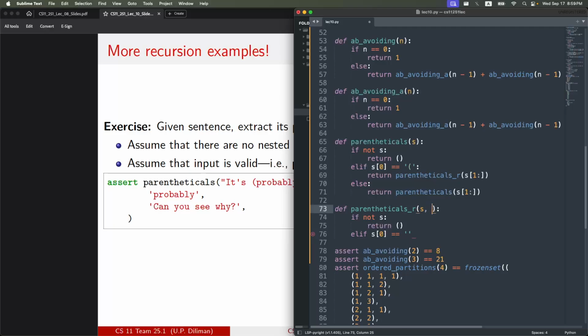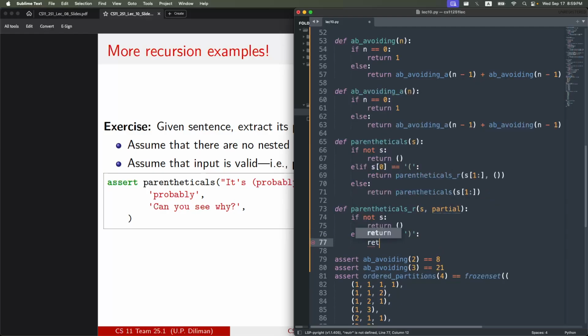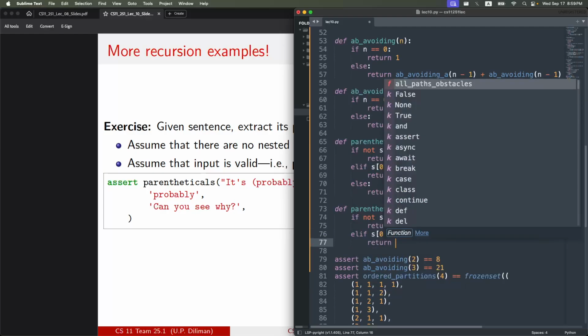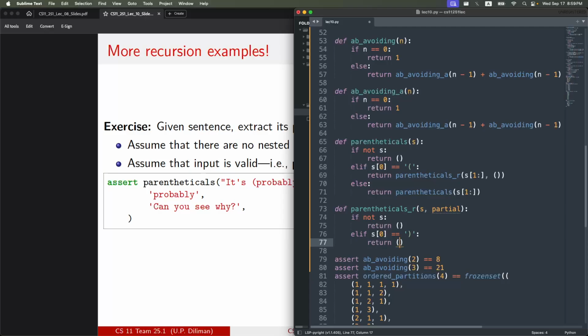Actually, we can make this accumulative. Let's try to make this accumulative. This is partial. If we found the closing parenthesis, return, we include the partial result. No, this should be the empty string.